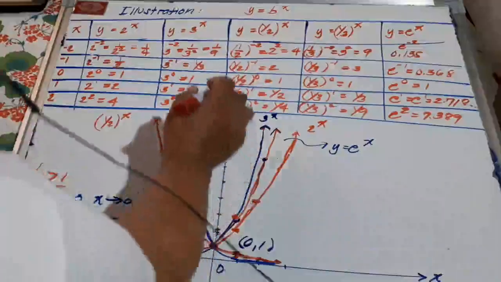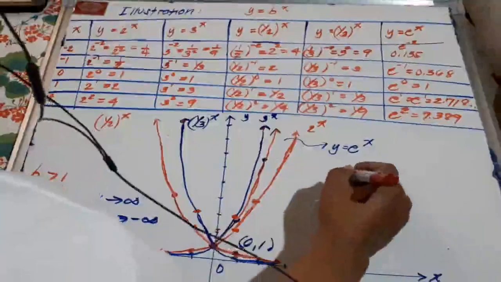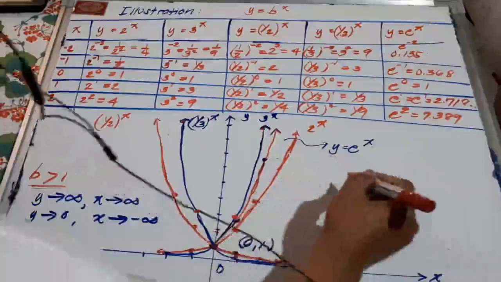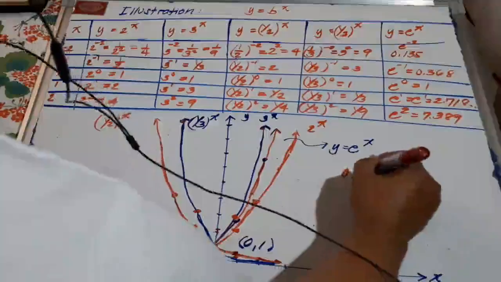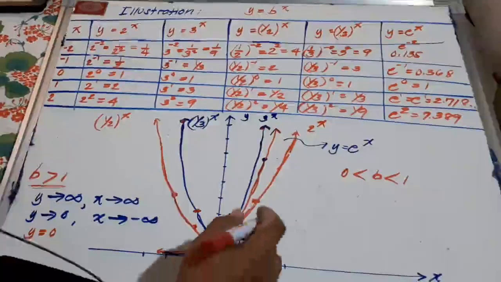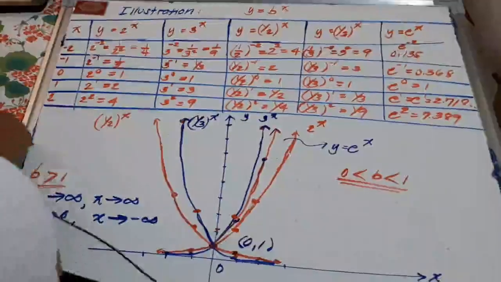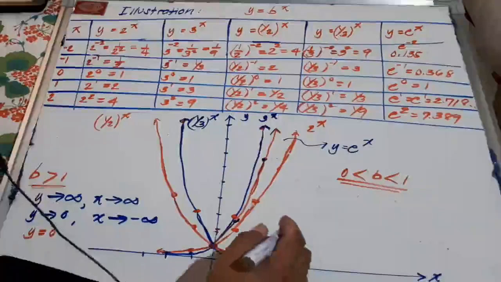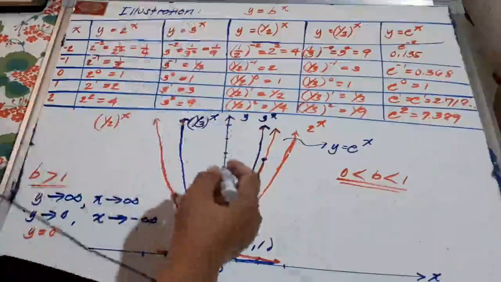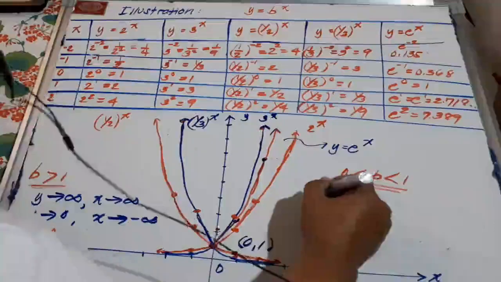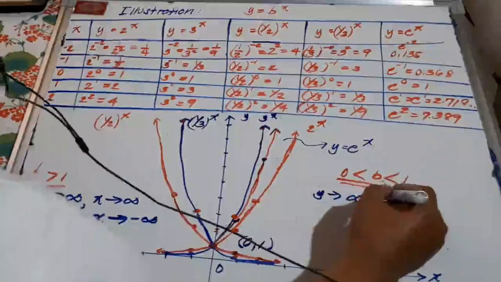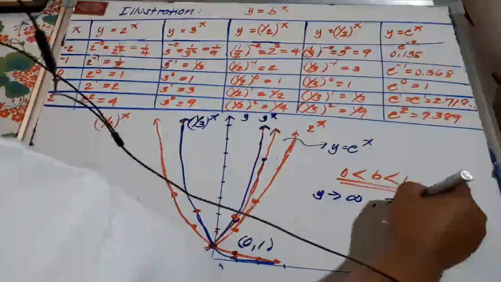Pag si b naman, ito, 1/2 and 1/3. Ibig sabihin nyan, ang value ng b natin ay greater than 0 but less than 1. 0 is less than b, b less than 1. So, ang values ni b lies between 0 to 1. Ang mapapansin natin is that if y is increasing, it's increasing rapidly kasi y approaching to infinity, palaki ng palaki siya, pataas ng pataas siya, yung x natin is approaching to infinity also.